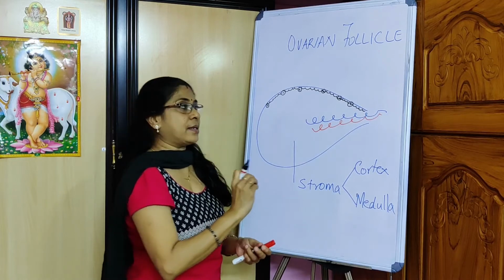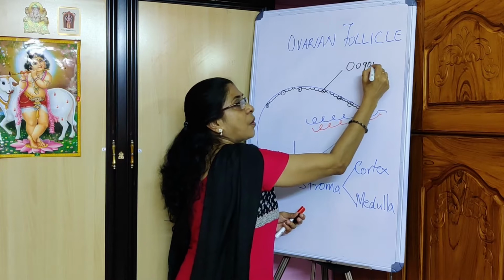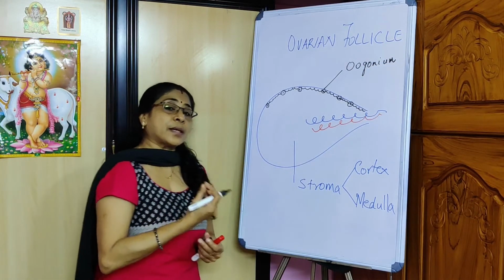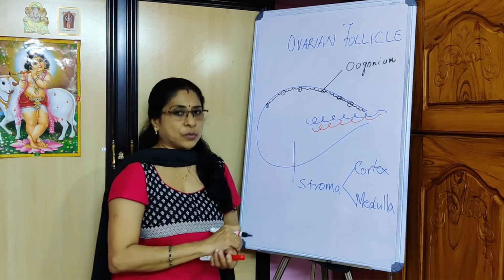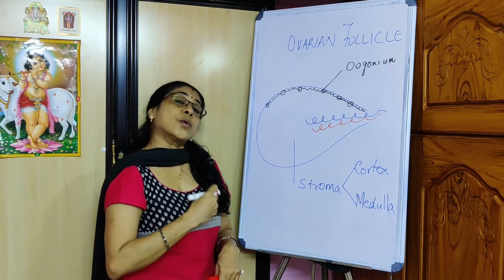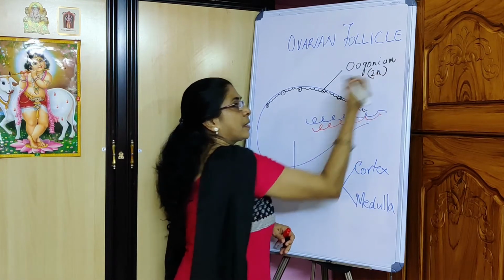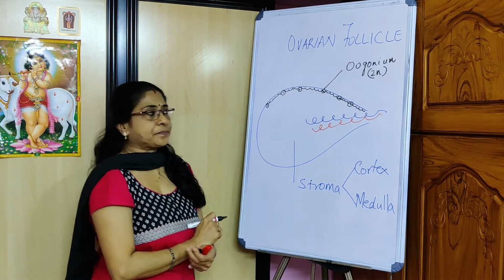These specialized cells are called the oogonium, or the egg mother cells. Since it is part of the ovary, the chromosome number would be diploid. It is a diploid cell within the germinal epithelium.